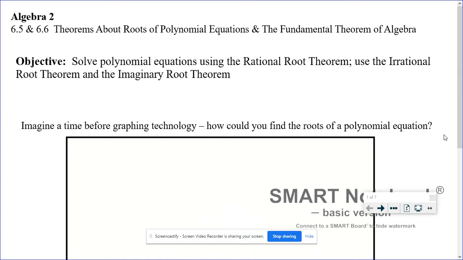If it's irrational, you're only going to get a rounded answer, and if it's imaginary, you're not going to be able to see it at all. So graphing is not foolproof either. So this is a method that we can use to solve for equations that we haven't been able to solve yet. And then we'll look at those other theorems as well.